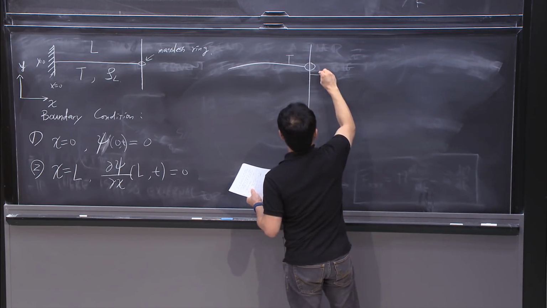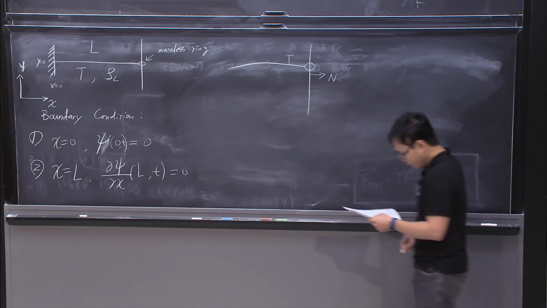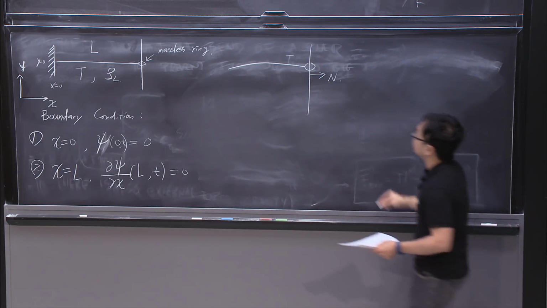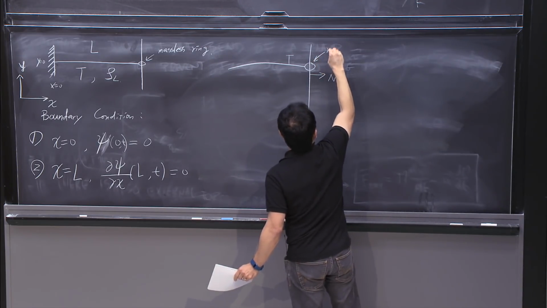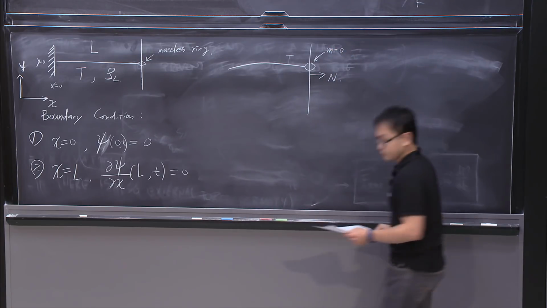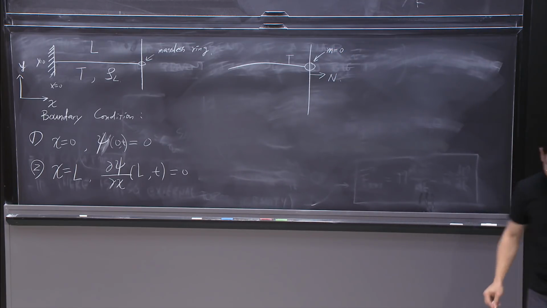And we also know that this ring is massless. So m is equal to 0.